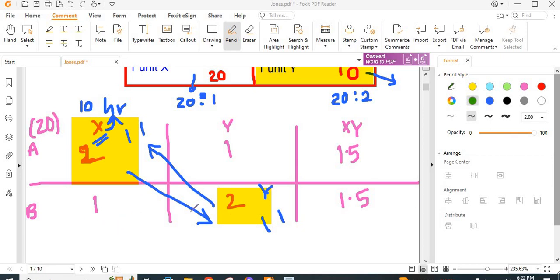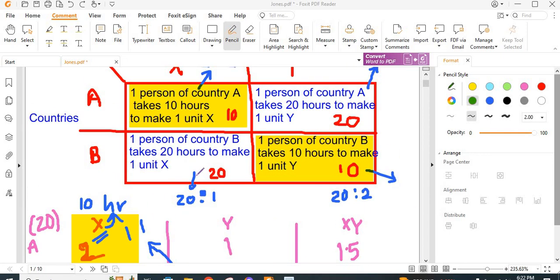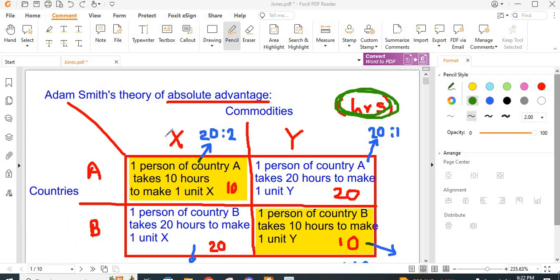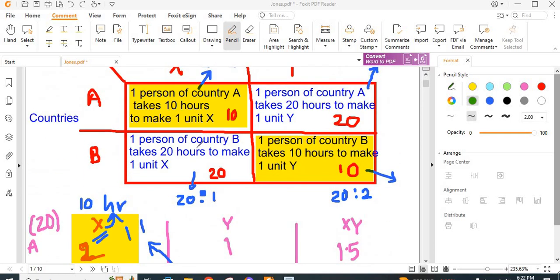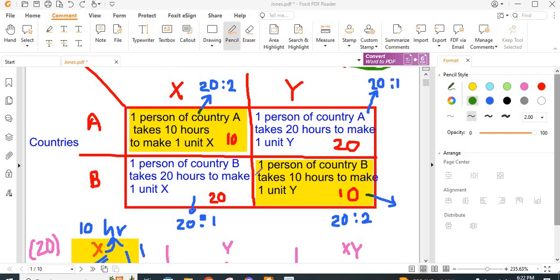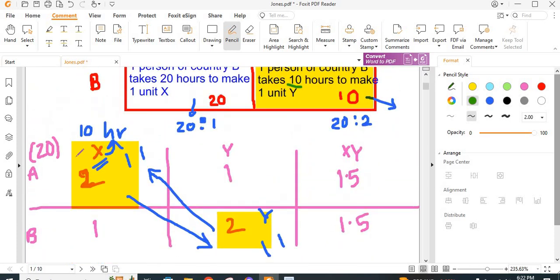Similarly, country B can spend 20 hours to make 1 unit of X, as I said in the matrix. And if it spends the same 20 hours to produce Y, it can make 2 units, because it just takes 10 hours to make 1 unit of Y. So if it decides to produce just X, it will end up with only 1 unit.